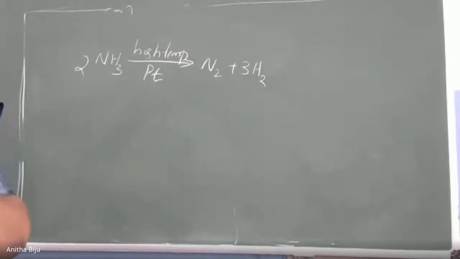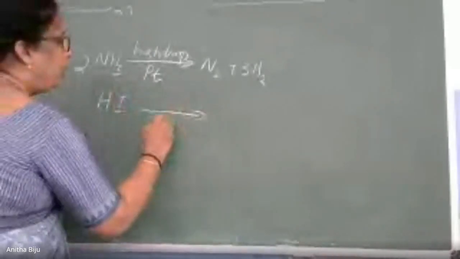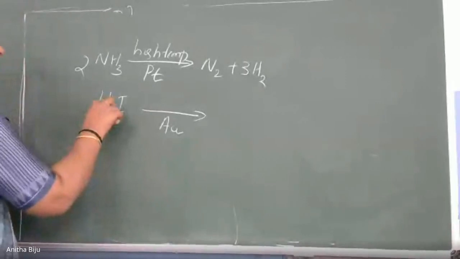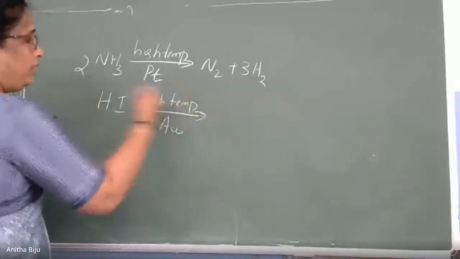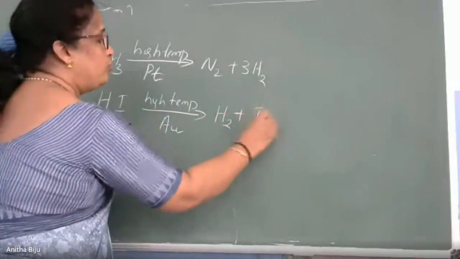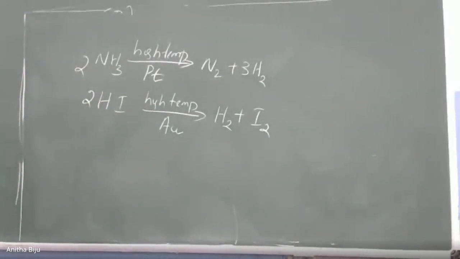I will give one more example: decomposition of hydrogen iodide on gold, also at a high temperature. HI on decomposition gives H2 and I2, 2HI gives H2 plus I2. So these are the two examples we can put in the case of a zero order reaction.